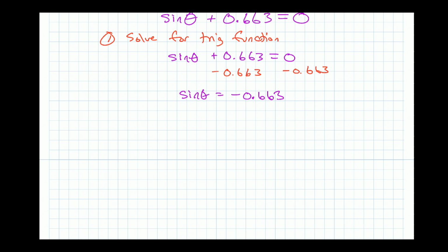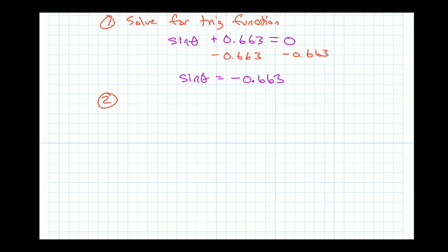All right, so this is all the same, but you can't use the unit circle to find your angles this time. You're going to have to use a calculator to solve for theta.